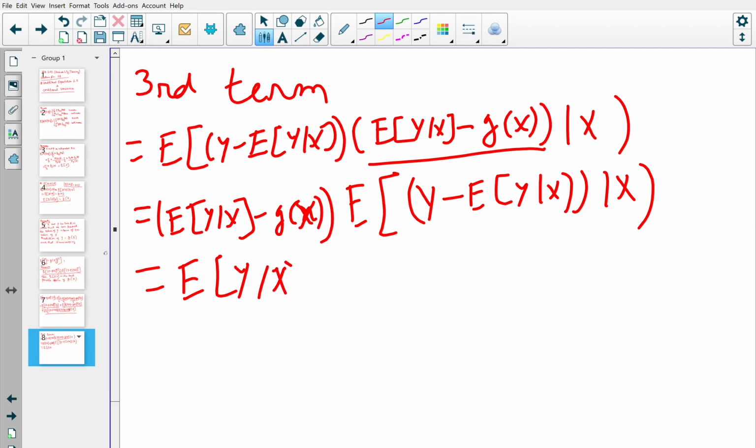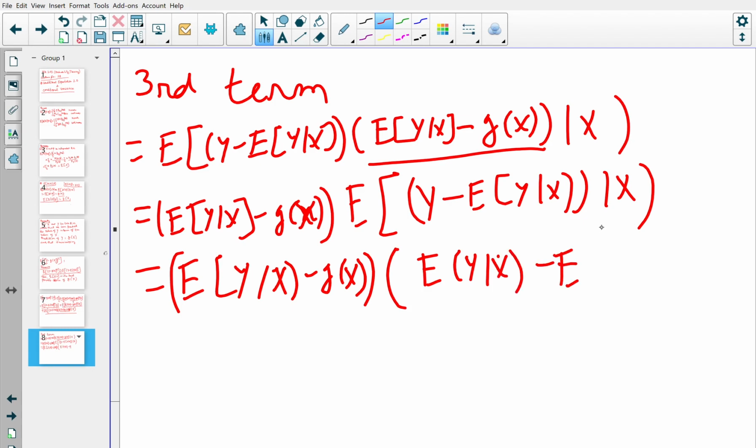Now the linearity property of expectation tells you that for the inner part, you'll have the expectation of y given x minus the expectation of the expectation of y given x. Since the expectation of y given x is a function of x, it is constant, so this will be the expectation of y given x.